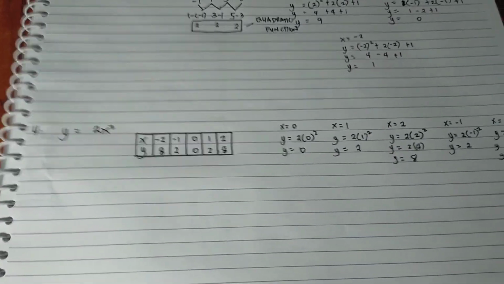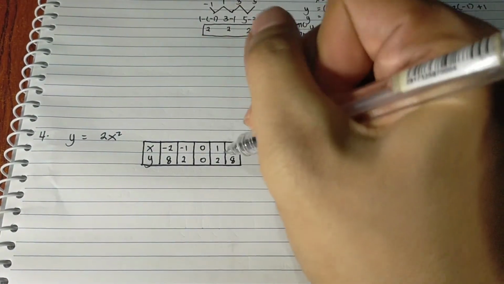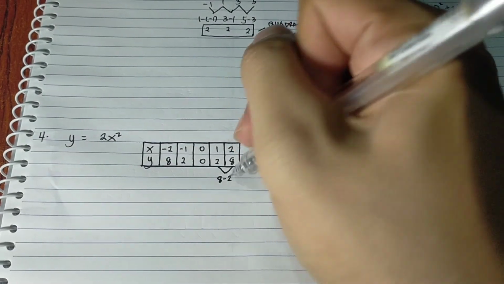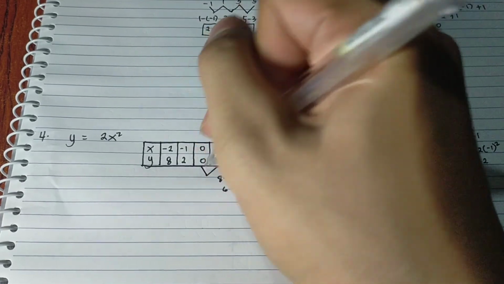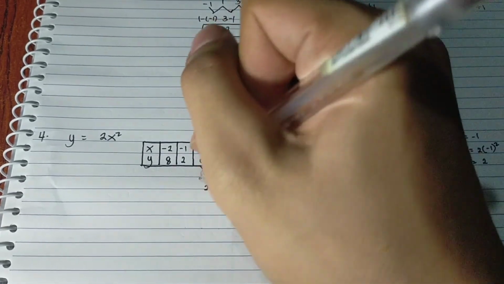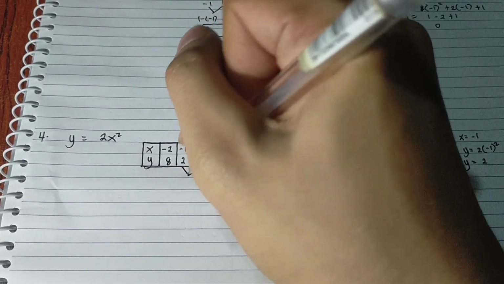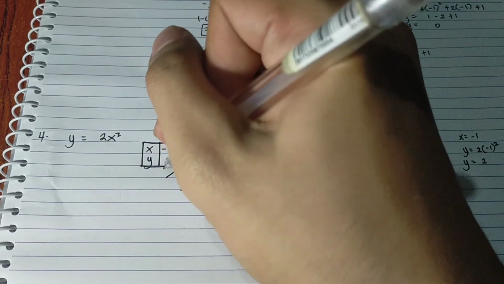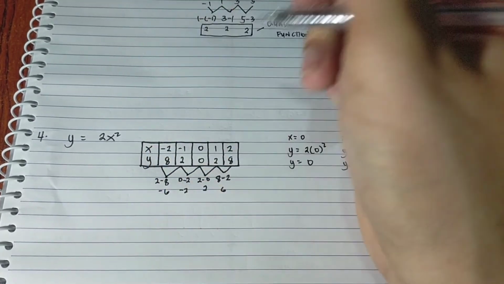Katulad ng ginawa natin dun sa number 3 example natin. So, let's test. 8 minus 2. The answer is 6. 2 minus 0. The answer is 2. 0 minus 2. The answer is negative 2. And 2 minus 8. The answer is negative 6.